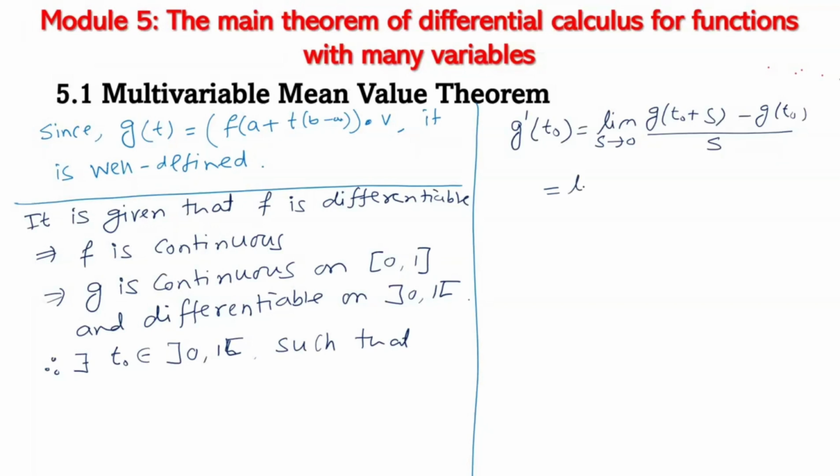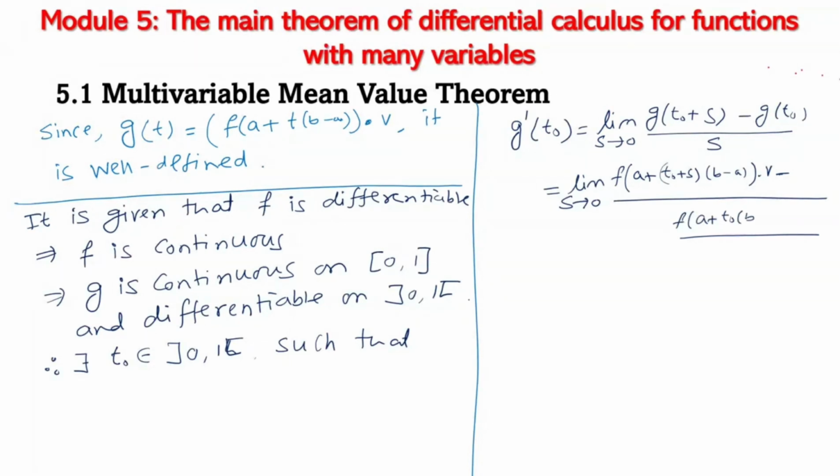This is equal to the limit as s tends to 0 of (f(A + (t₀ + s)(B − A)) · v − f(A + t₀(B − A)) · v) divided by s. Now we are trying to find the limit.